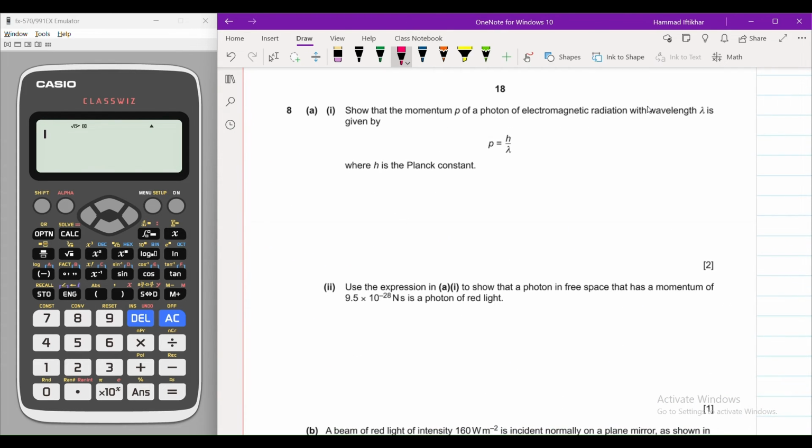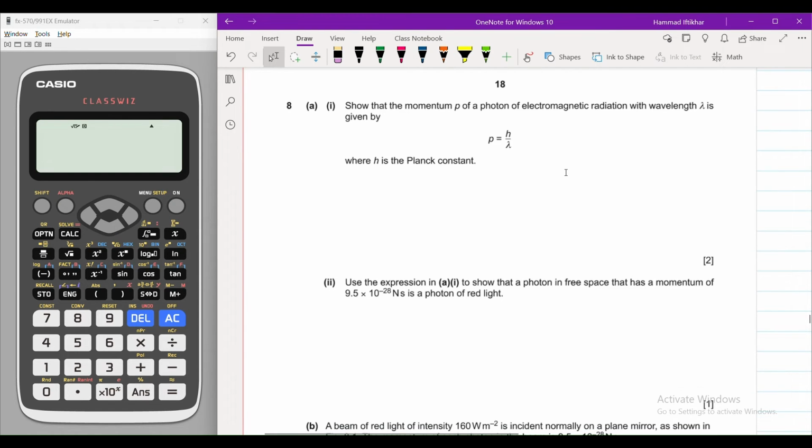Okay, moving on. Question number 8. Show that the momentum P of a photon of an electromagnetic radiation with wavelength lambda is given by this. We know that the energy of a photon is equal to hc over lambda, and that is also equal to mc squared, Einstein's equation.